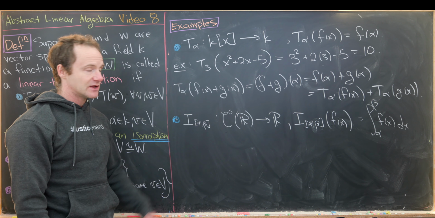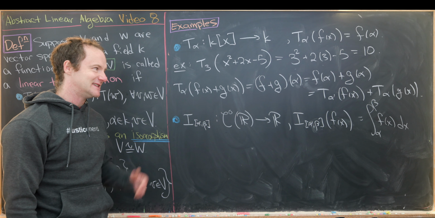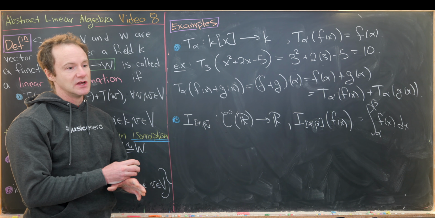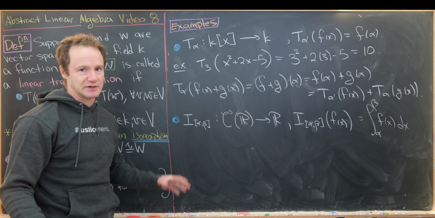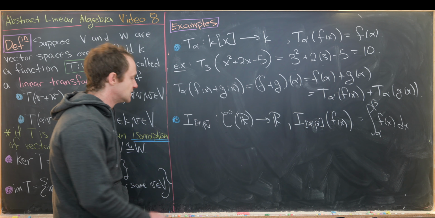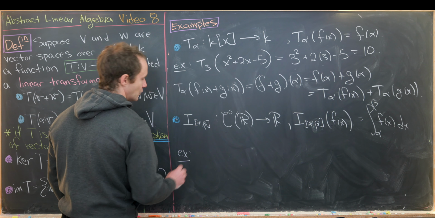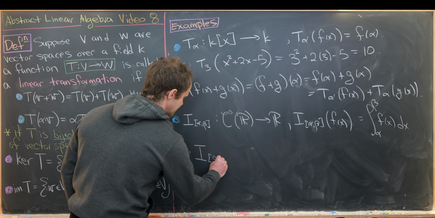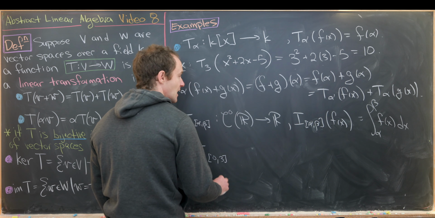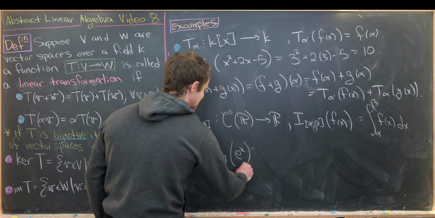So by the standard properties of the integral, it's easy to check that this is a linear transformation because we have an addition rule for integration and a scalar multiplication rule for integration. So let's look at an example of this while we're at it. Maybe we'll take the interval 0, 3 of the function e to the x.